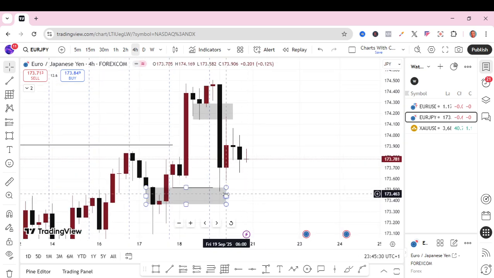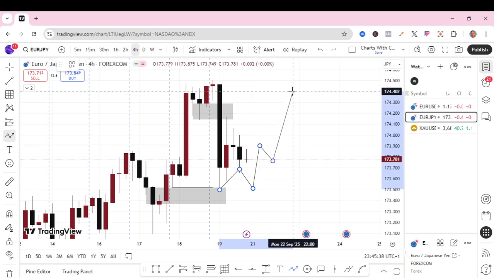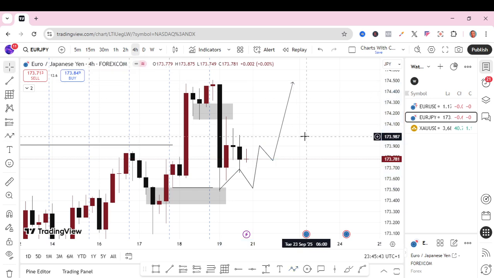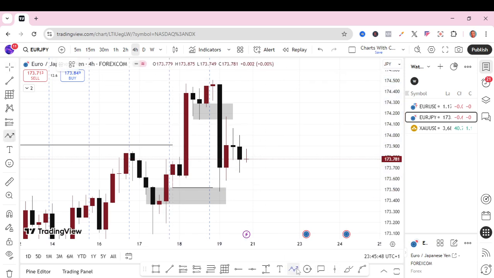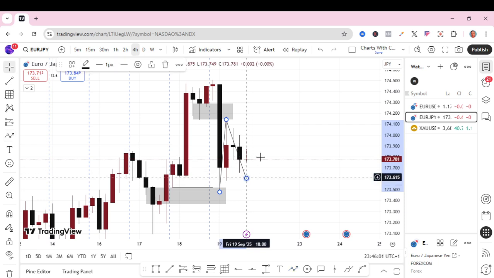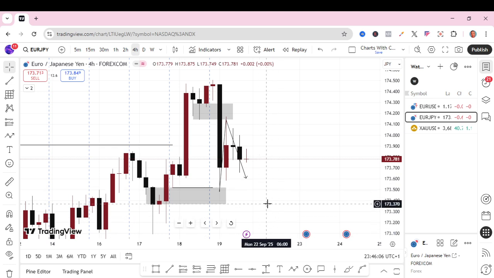I was expecting price to continue the buy and take out this high, right? But price failed to take out that high. Instead, after mitigating here, the market moved to this breaker block, and then it started reacting. So instead of taking out this high, it is now selling.